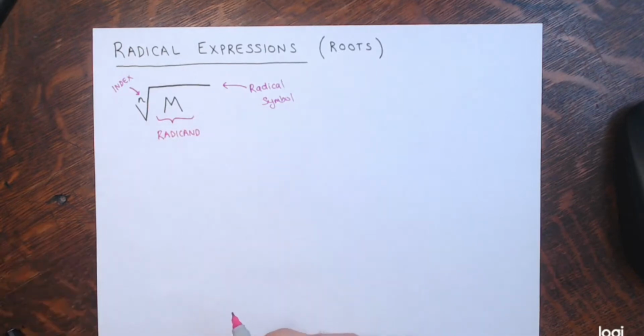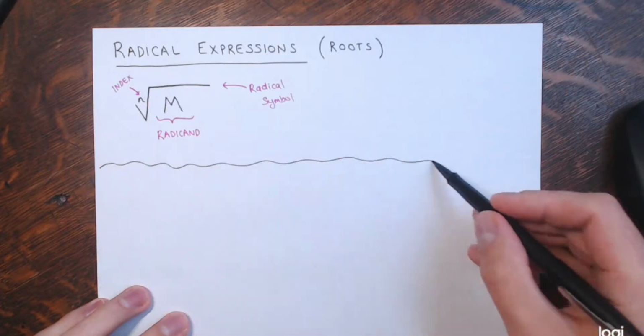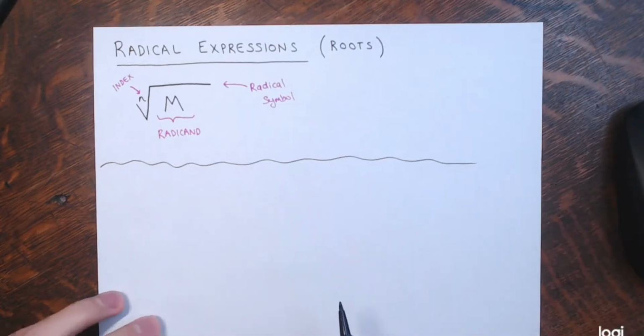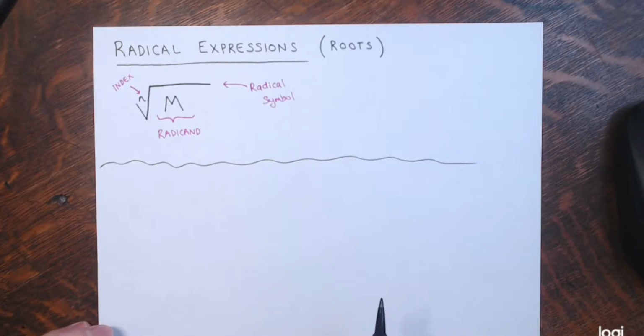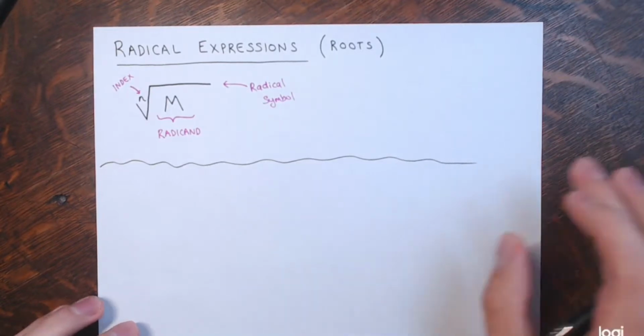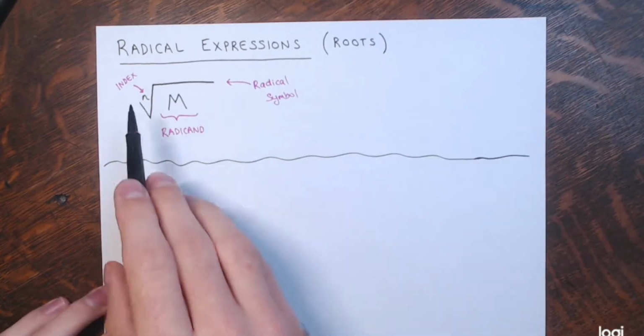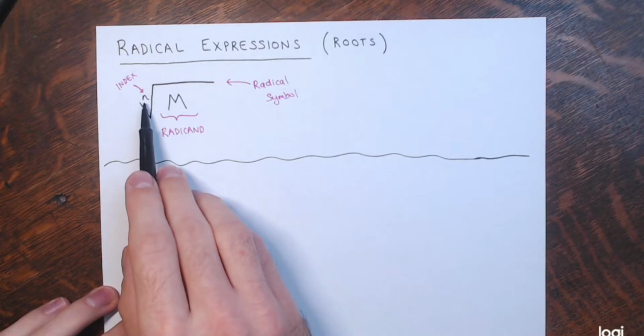Now what we're going to do is break this up into 2 cases. The way you express roots, the way you simplify roots or radical expressions is different depending on the value of the index.